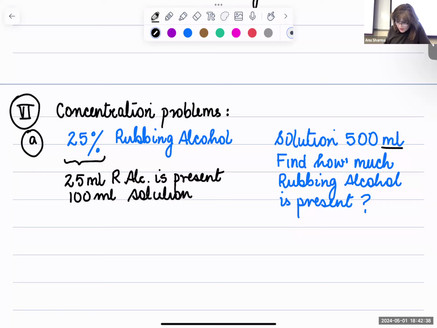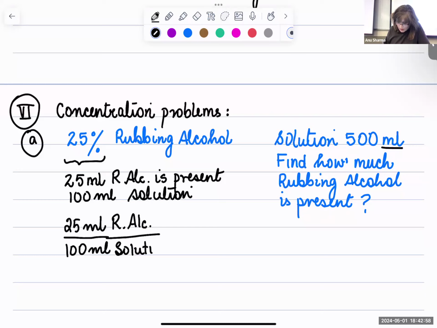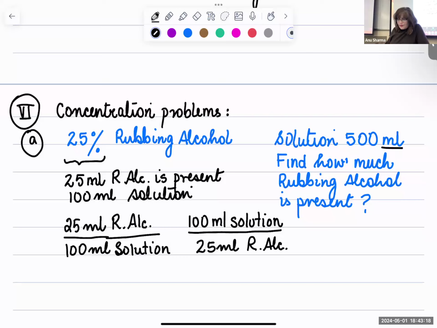This is what it means. And this can be made into 25 milliliters of alcohol over 100 milliliters of solution, or 100 milliliters of solution over 25 milliliters of rubbing alcohol. Okay, so this is the way you do it.